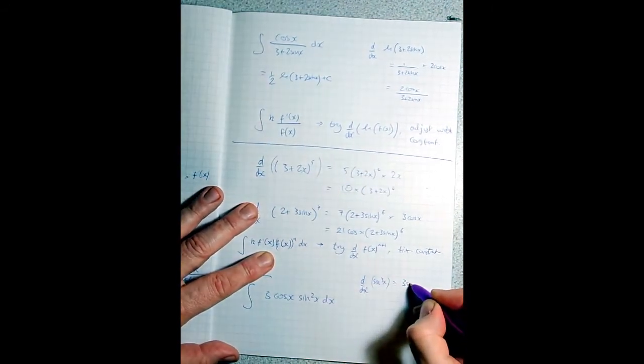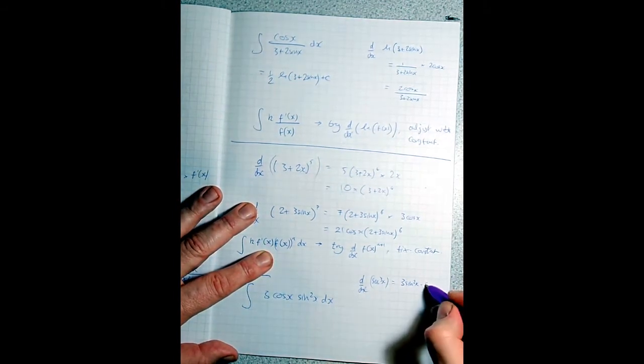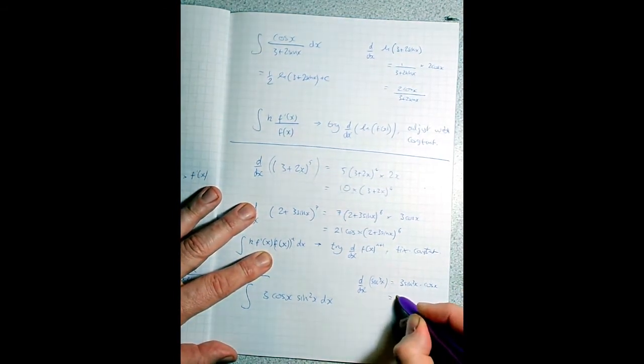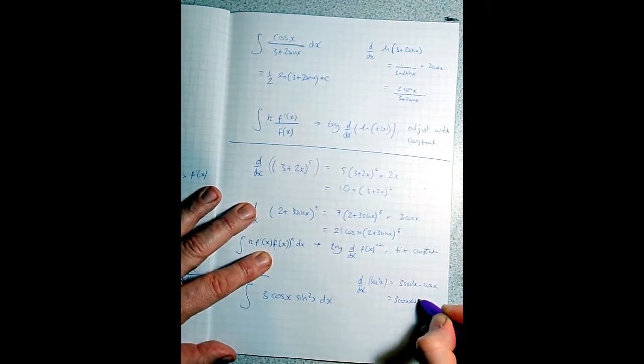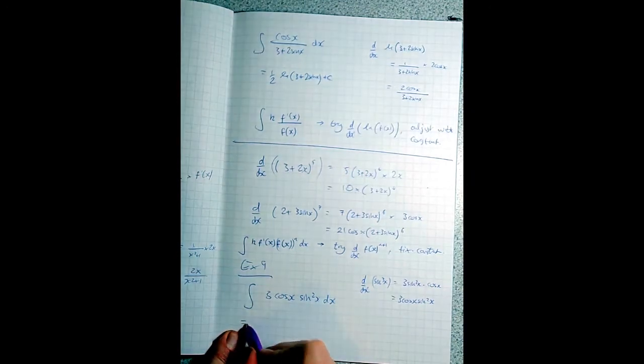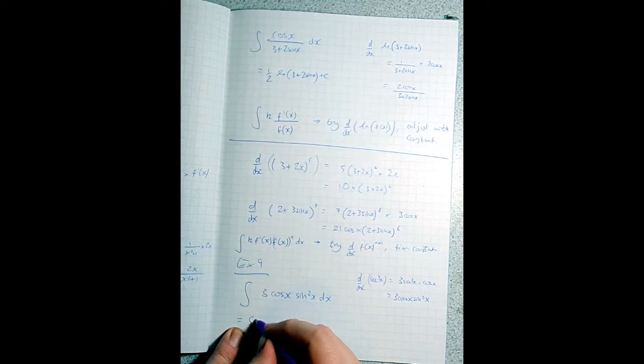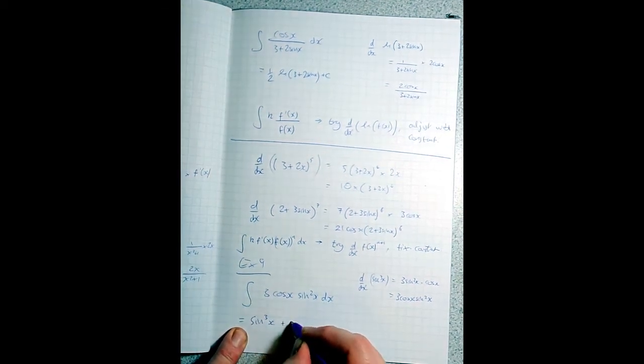That gives me 3 sine squared x multiplied by the derivative of sine x, cos x, 3 cos x sine squared x, which is what I want. So the integral, again I've done it by using the chain rule to differentiate, is sine cubed x plus c.